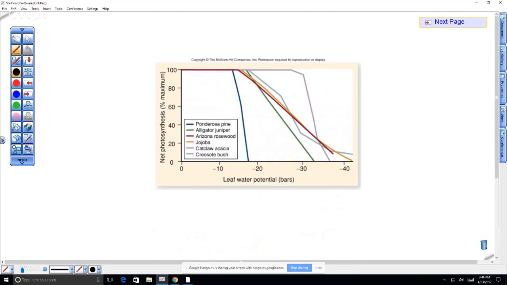And this gradient is due to their ability to undergo photosynthesis at different amounts of water. You'll notice here that the ponderosa pine, really early on, if water becomes a limiting factor, cannot undergo photosynthesis. So it shuts down its ability to produce sugars. But if we look at the creosote bush, you can see that even under really low amounts of water, they can still undergo photosynthesis. These are just specific adaptations to different conditions, different habitats in the environment.